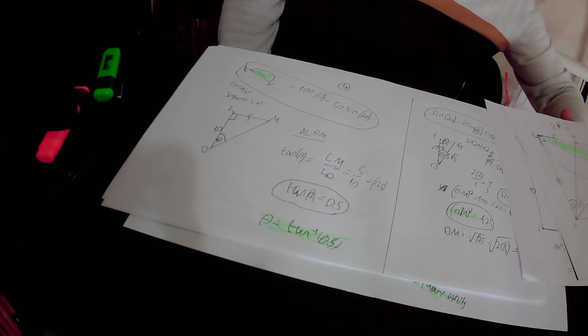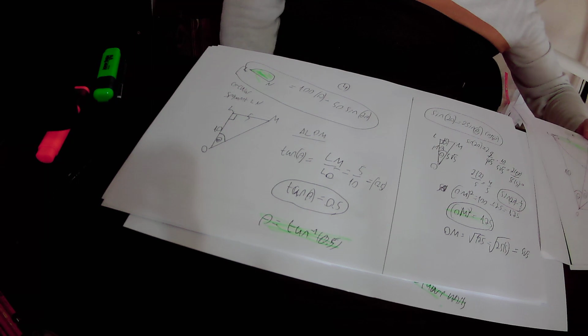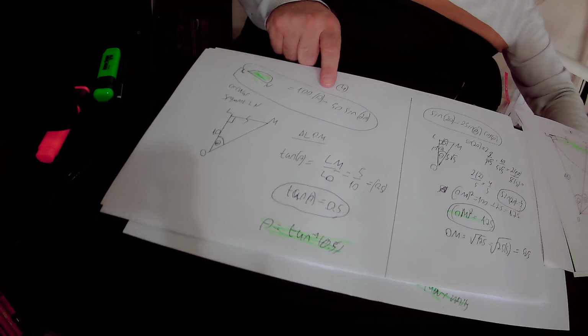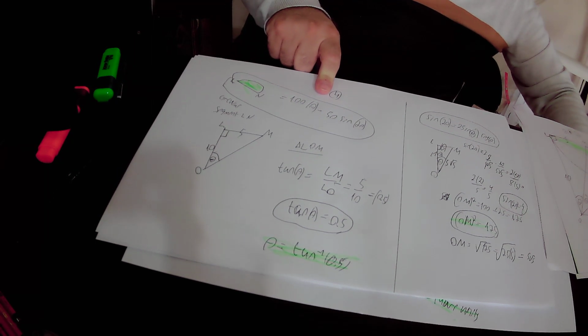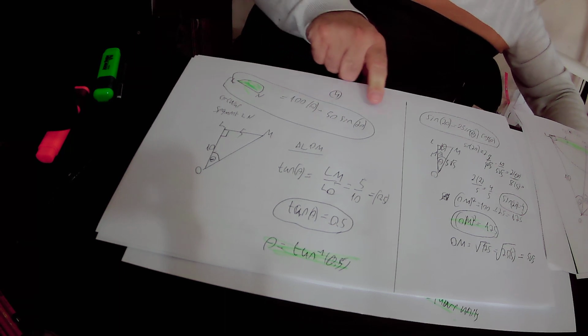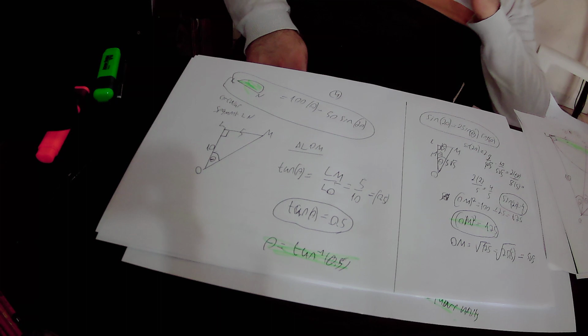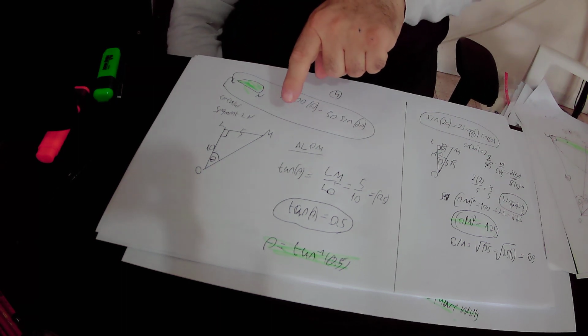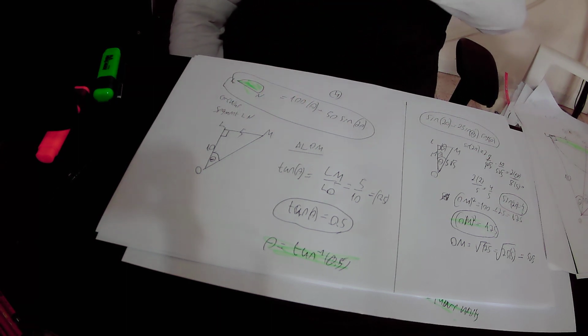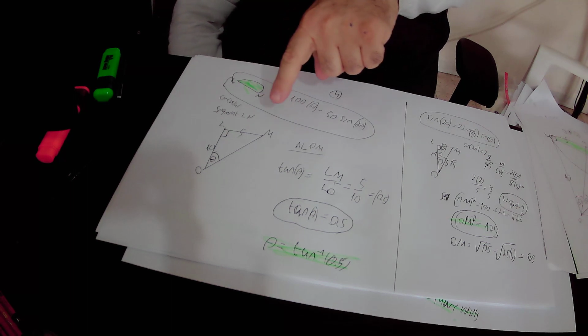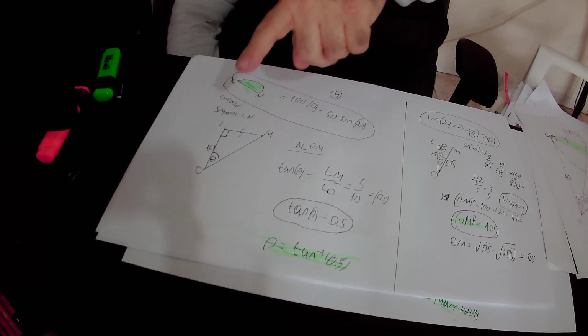Okay, our mission is to find the value of theta, and also the value of sine 2 theta. In order to find them, I drew the right triangle LOM. In the right triangle LOM, LM equals 5, LO equals 10.